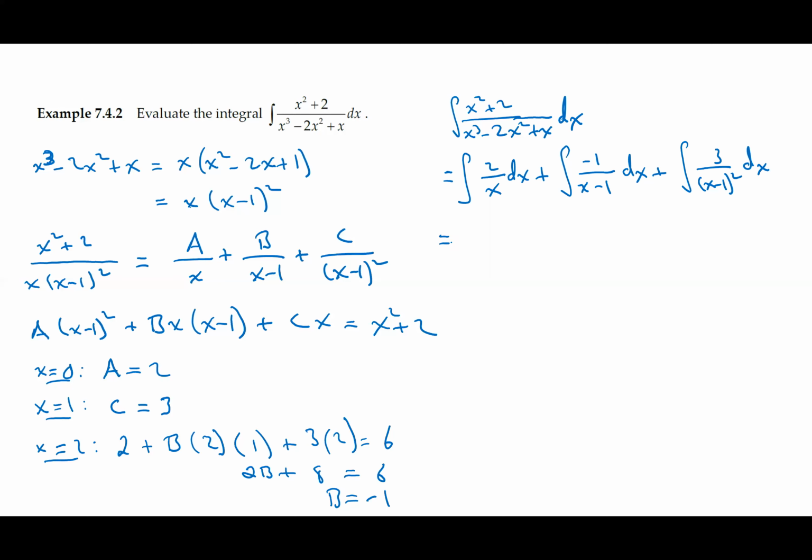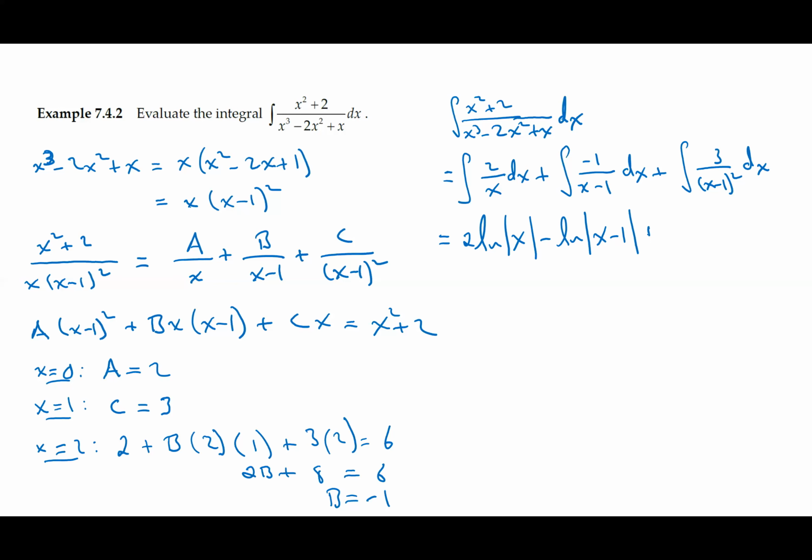And so now we are on our way. We've got 2 ln absolute value x minus the natural log absolute value x minus 1. And then what about the 1 over (x minus 1) squared? How do we handle that?